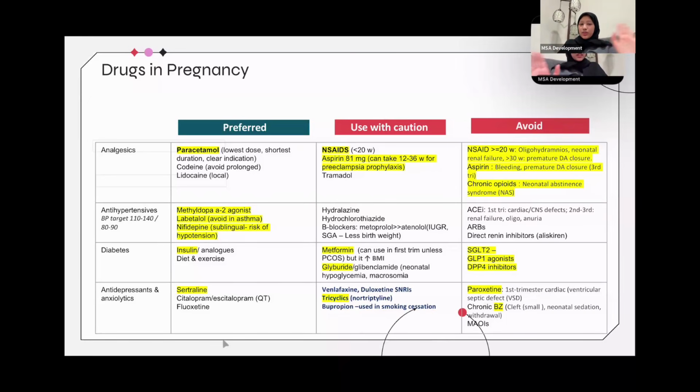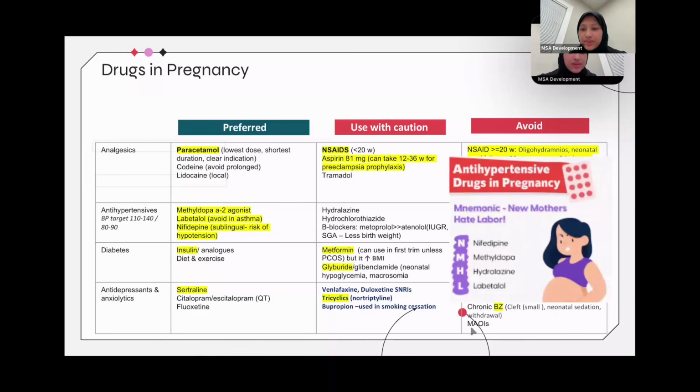I mean, fluoxetine does, but fluoxetine is a common SSRI we use. So paroxetine. And then benzos are also not good because they're used as anxiolytics. They will cause cleft-like problems, neonatal sedation, and withdrawal symptoms. Again, don't use that. And other drugs, MAOIs, monoamine oxidase inhibitors.